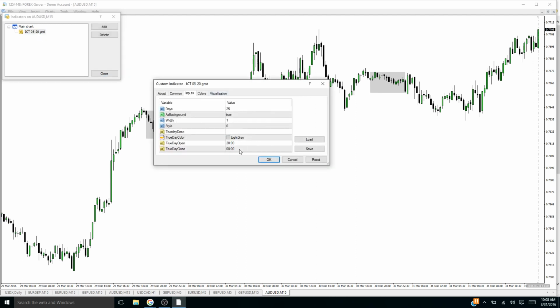Now, once you have all these things set up and you want to trade these, you can create templates for specific pairs like we're describing here for yen and Aussie and Kiwi.